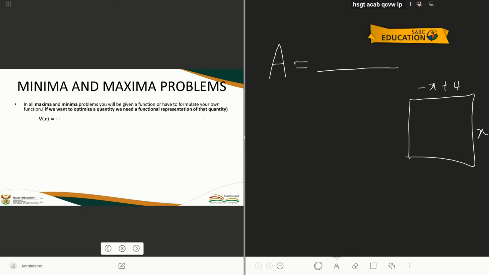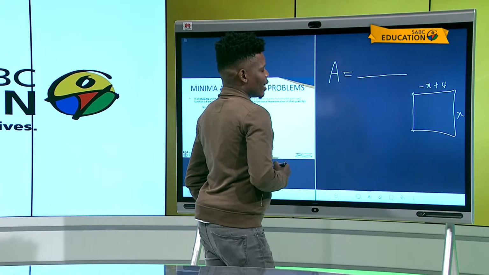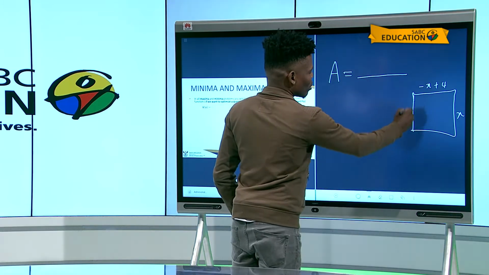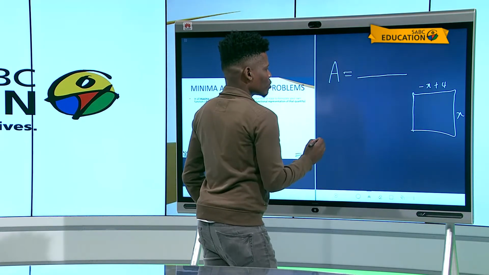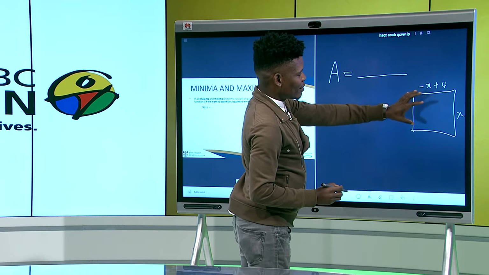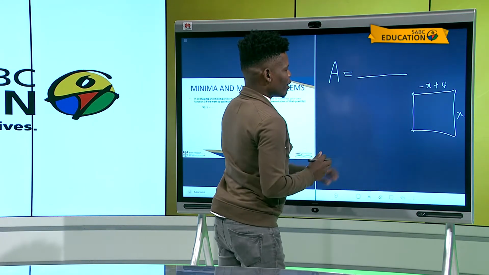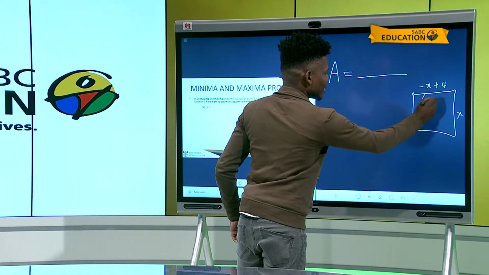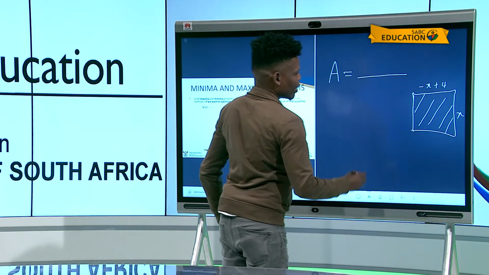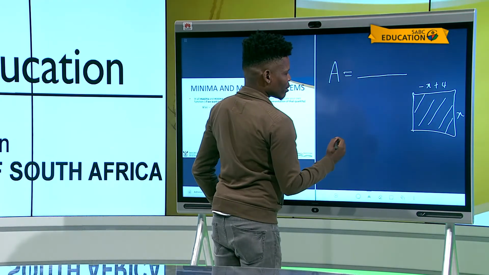So the quantity in question here is the area of that box. Now, if we want to optimize this area, we'll have to have a functional representation of this particular area.